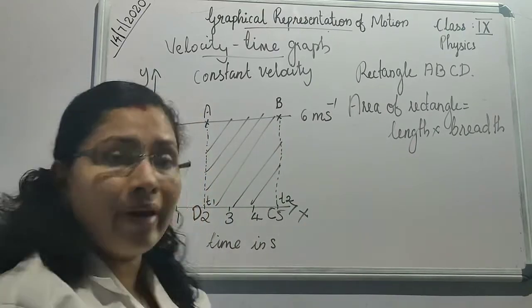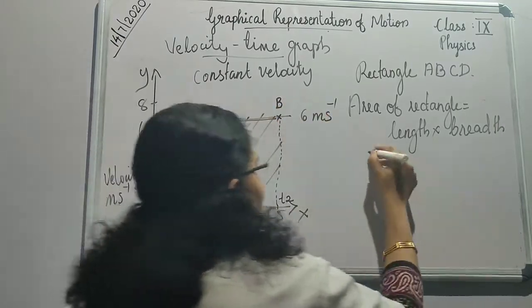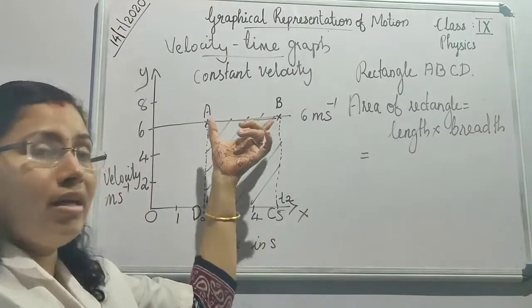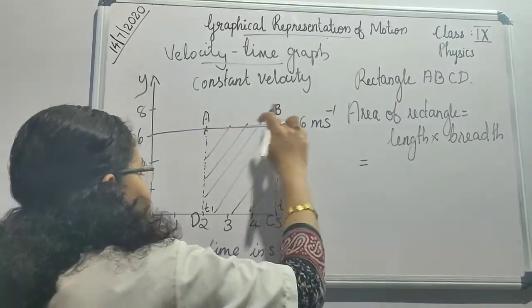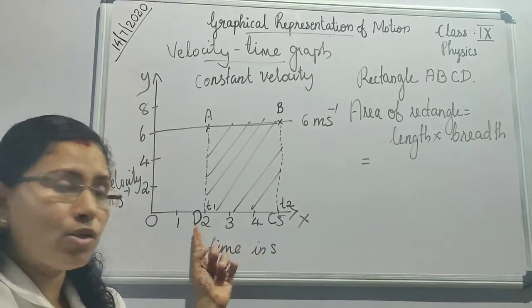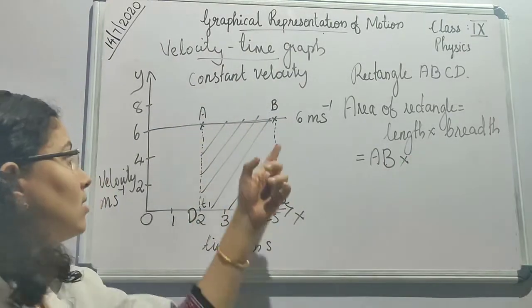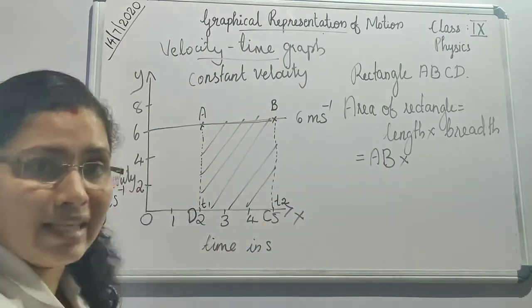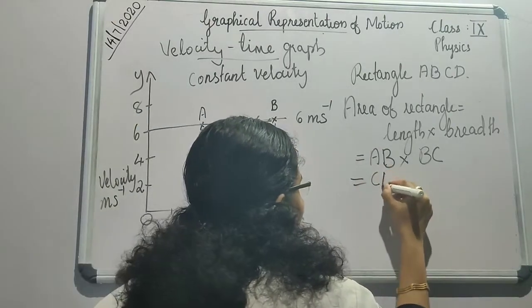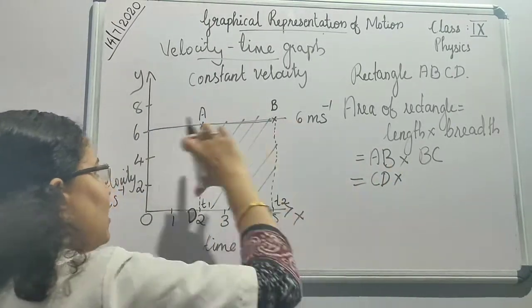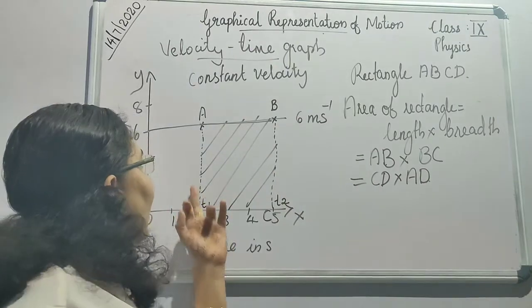In a rectangle, opposite sides are equal, that is AB is equal to CD and BC is equal to AD. So the area is either AB into BC, or CD into AD.